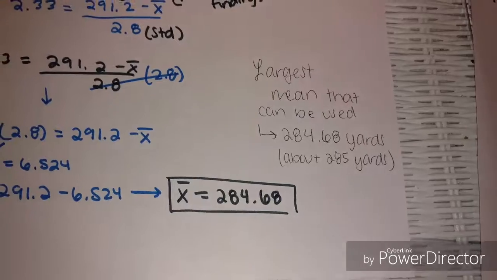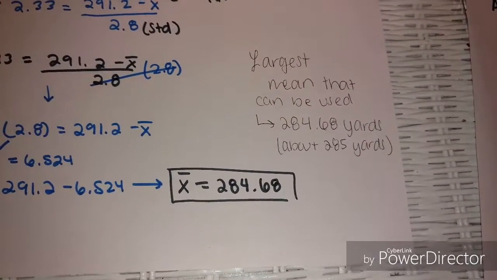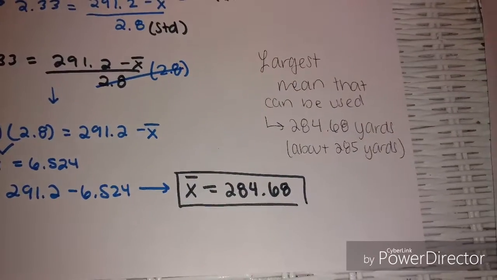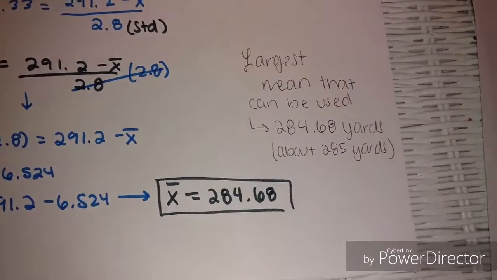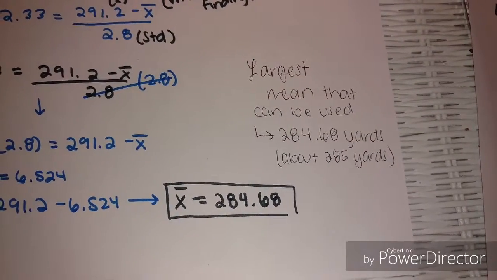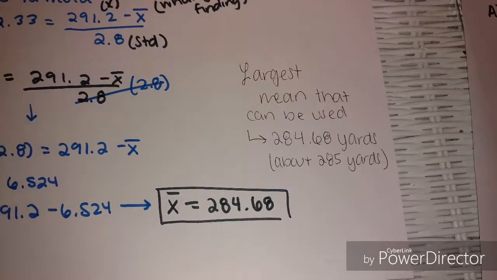So that means that if the manufacturer wants to be 99% certain that a randomly selected ball will not exceed our maximum distance of 291.2 yards, the largest mean that can be used is 284.68 yards, or about 285 yards.